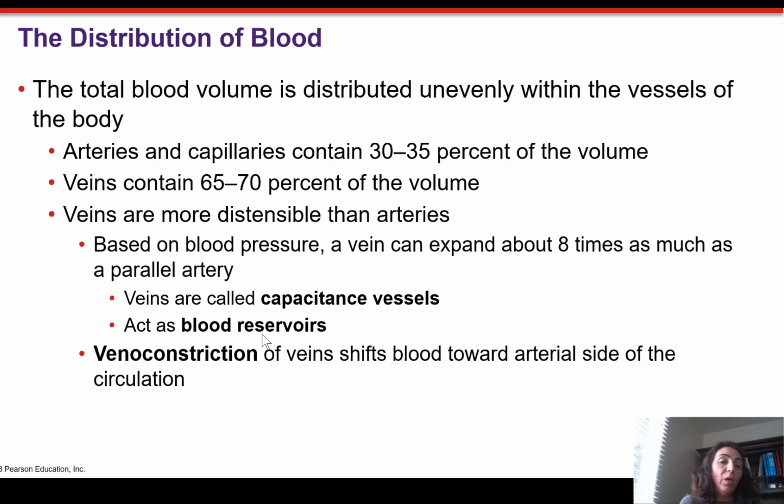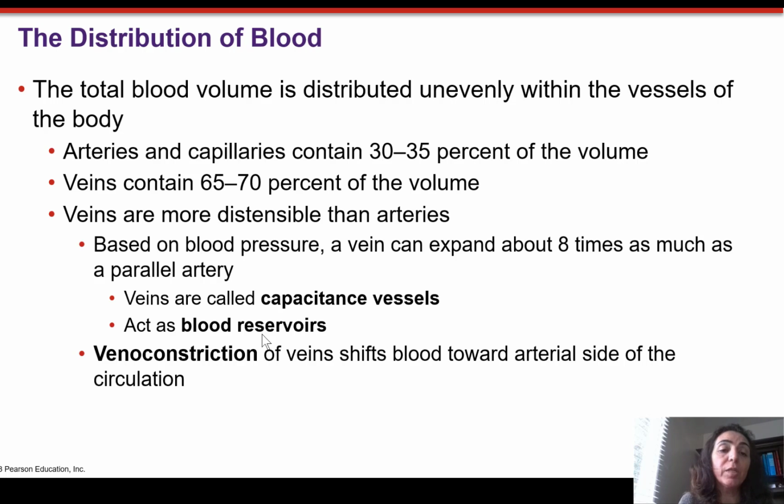Now, talking about the volume of the blood that we have, how it has been distributed all over. The total blood volume is distributed unevenly within the vessels of the body. It is not that the same amount of blood that we have in the veins, in the arteries, and in the capillaries are all the same.